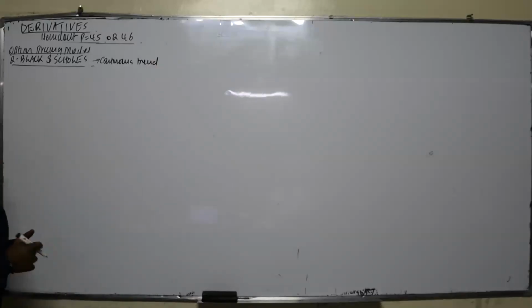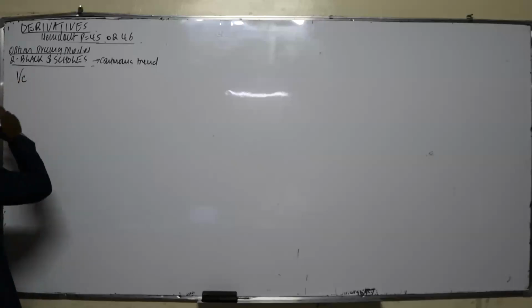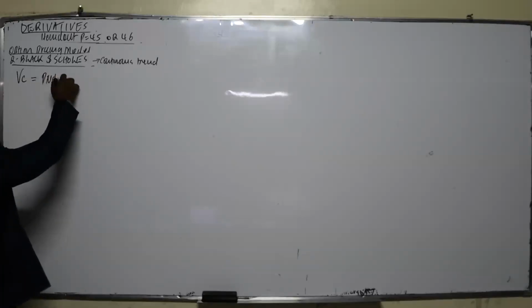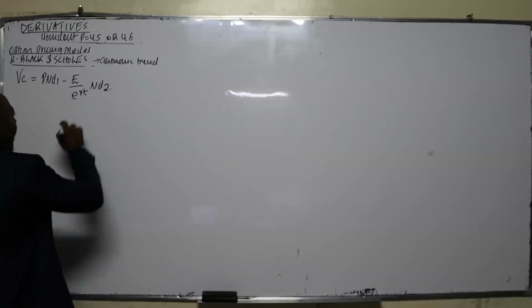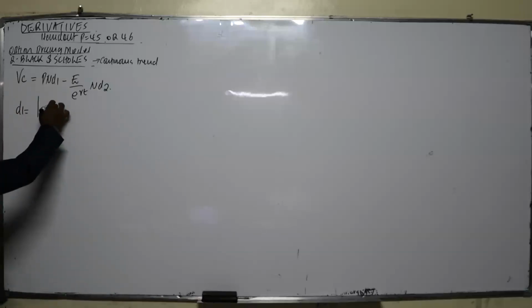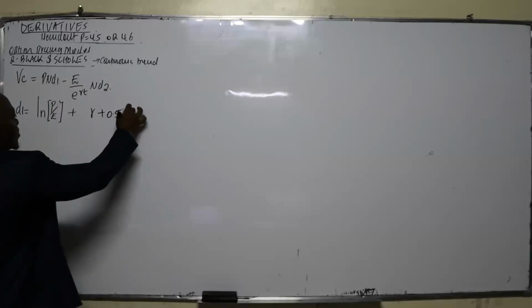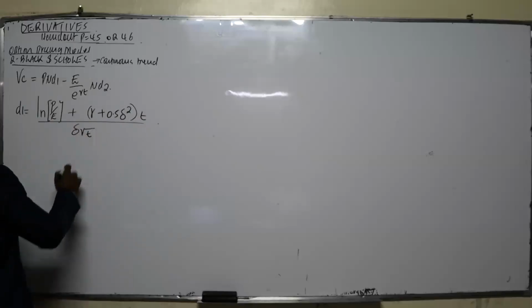A continuous trend. And according to Black-Scholes, how do we get the value of the call? The value of the call will be P N(d1) minus the exercise price E e^(-rt) N(d2), where to get d1, you take the natural log of market price per share over exercise price, plus the risk-free rate plus a half standard deviation squared, multiplied by t, divided by the standard deviation times the square root of t.